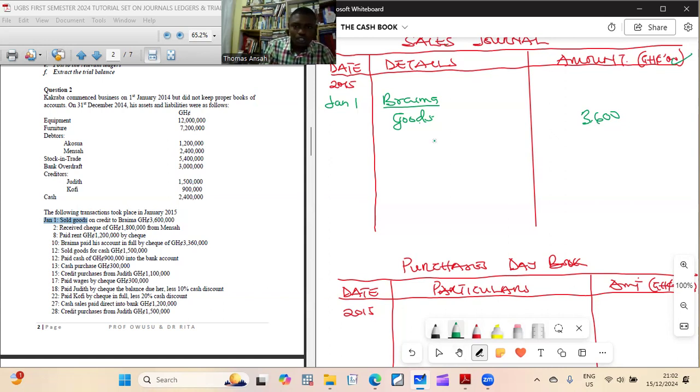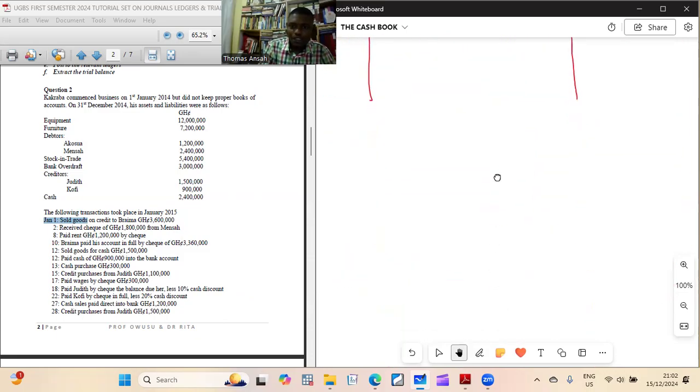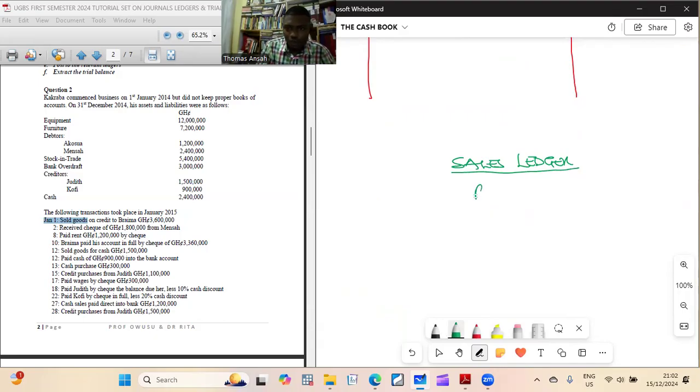So we will later transfer all of this into the sales ledger. So for example, if I open my sales ledger, a book, don't forget I've explained what a ledger is to you. A ledger is the book. But inside the sales ledger, I will have someone like Brima, an account for Brima.